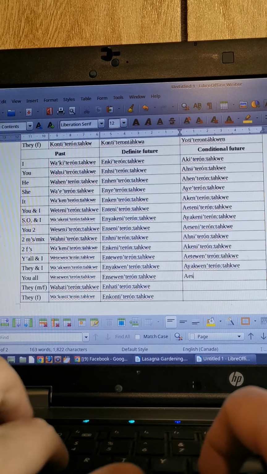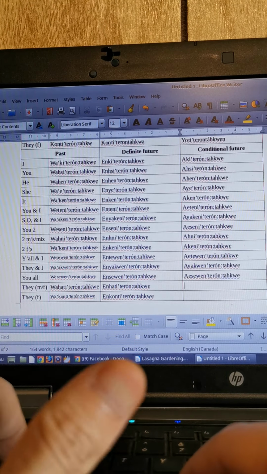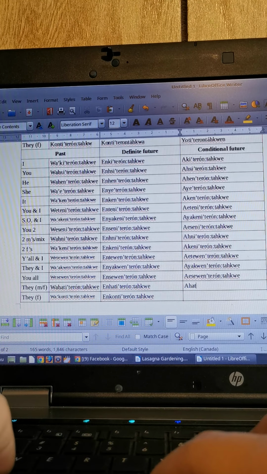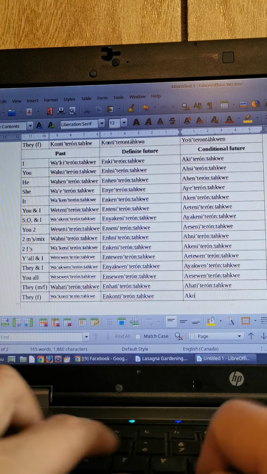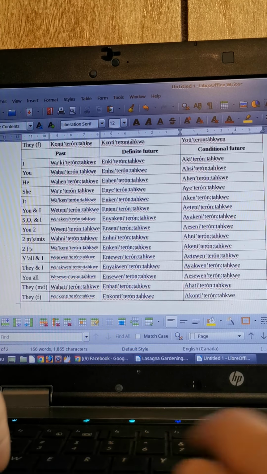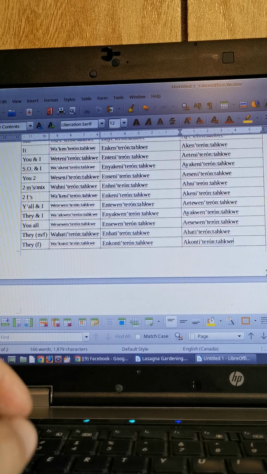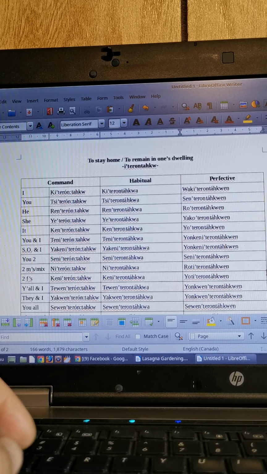You all ze want terontahkw. They males dit terontahkw. And they females agun dit terontahkw. Okay, and that's it, our completed active chart for the verb to stay home.